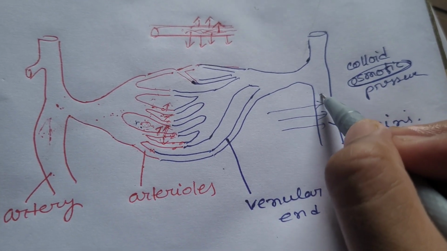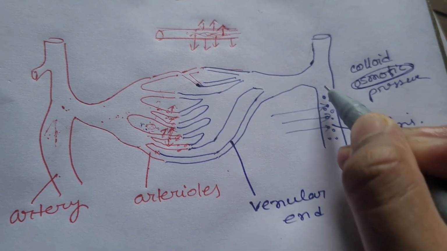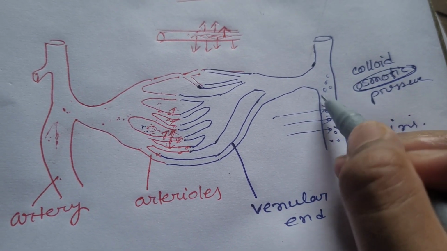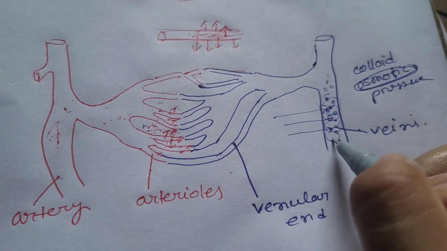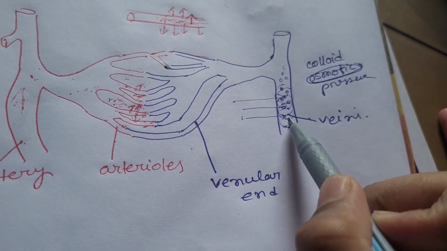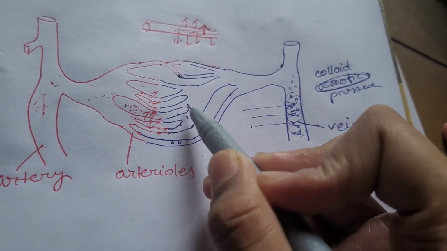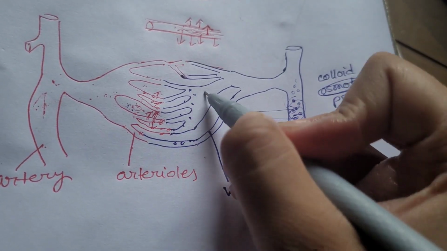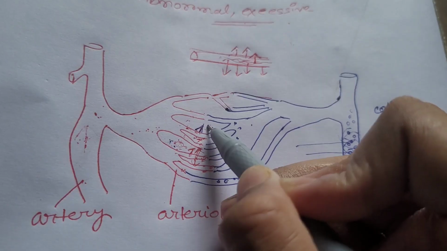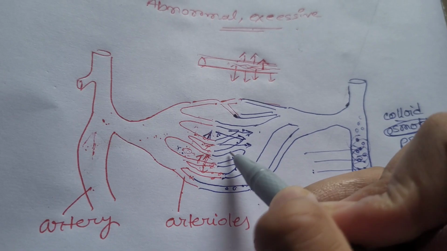In a vein, we know there are more protein particles, some RBCs, many elements in comparison to the extracellular fluid. So the concentration inside the vein and at the venular ends is more than in the extracellular space. Therefore body fluid will try to reabsorb, or re-enter, into the venular end.